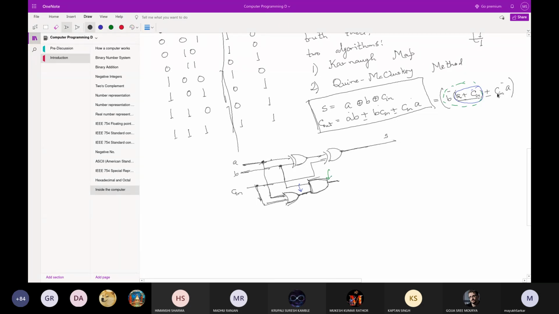Now, C in and A, their AND is also needed to be done. So there will be another fan out here. Another wire must be added here, and their AND will be done. So this is giving me this one, and this part and this part, do an OR of them.